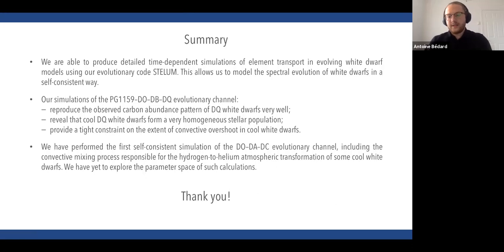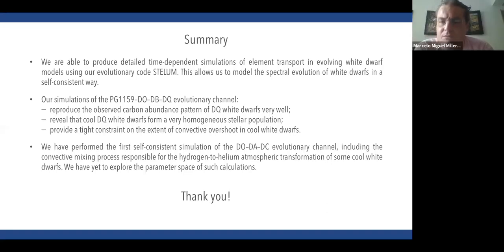No, I haven't done that. I believe the question is about the initial chemical profile that I use, which is a simple version of full evolutionary calculations. But no, I haven't compared. But the initial chemical profile is quite close to what we expect from full evolutionary calculations from the main sequence.